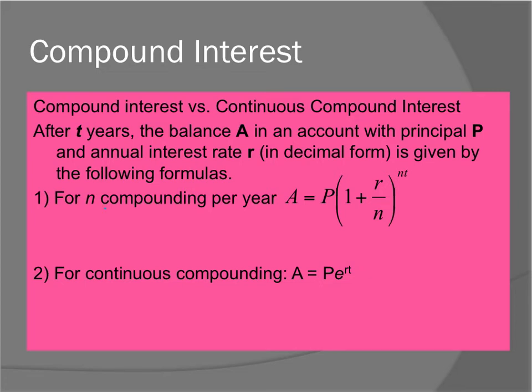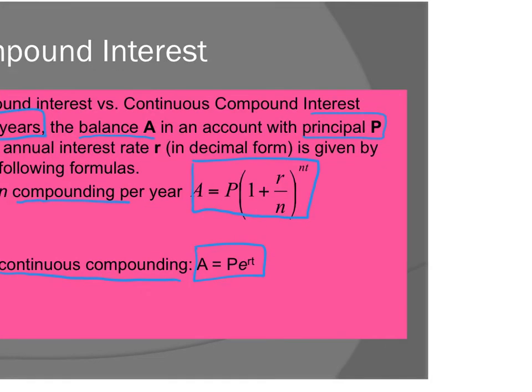So if we have compounding interest, we would use this formula. If it's continuously compounded, we would use this formula. And then T is years. A is the balance in the account. P is the starting amount. So principal is just the starting amount.